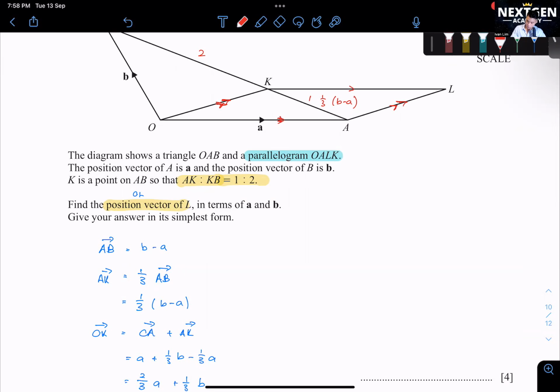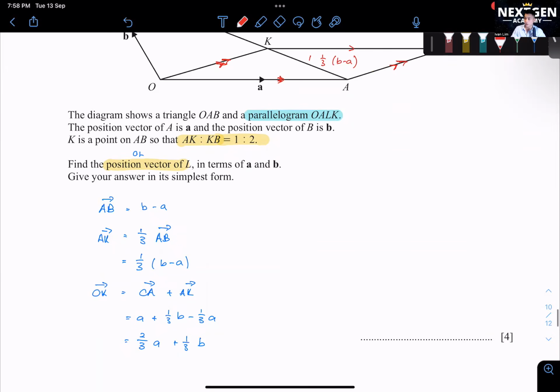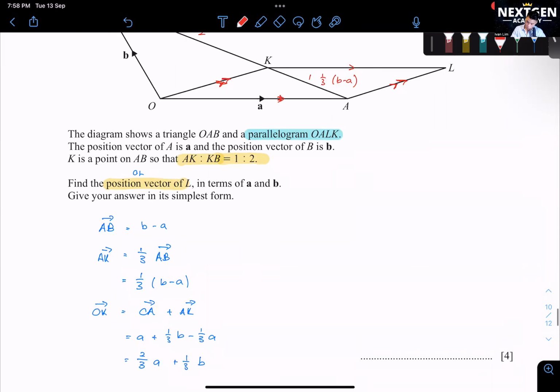So AL is equal to OK also, and OK I just found, which is 2/3 a plus 1/3 b. So here will also be 2/3 a plus 1/3 b. I know here is also a, but I don't need that.